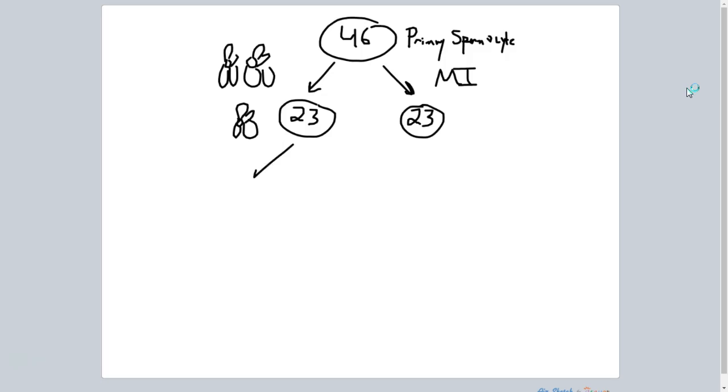And then we go into meiosis 2. In meiosis 2, sister chromatids are separated, pulled to opposite sides, giving rise to 4 cells that each contain 23 chromosomes.